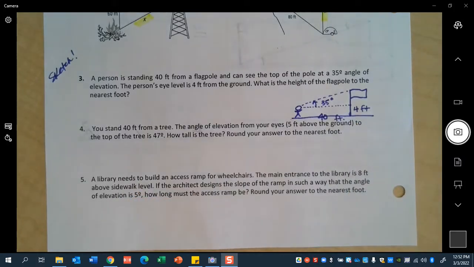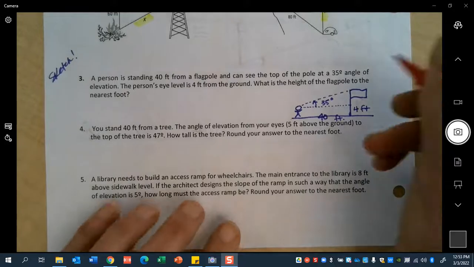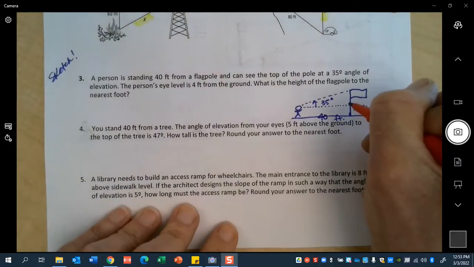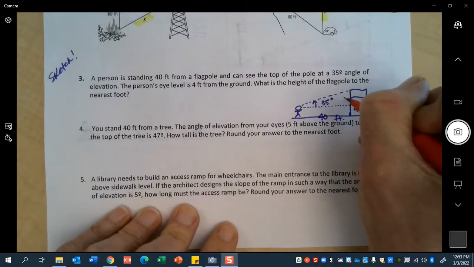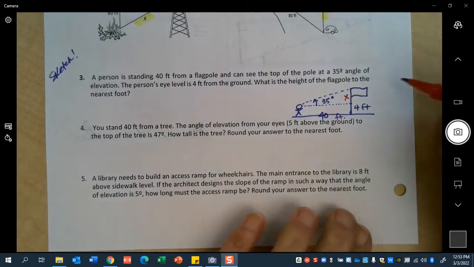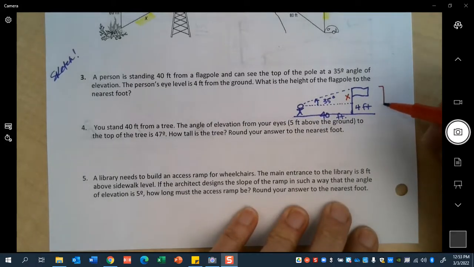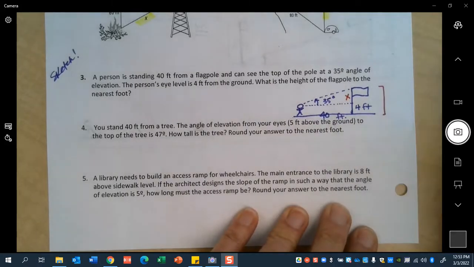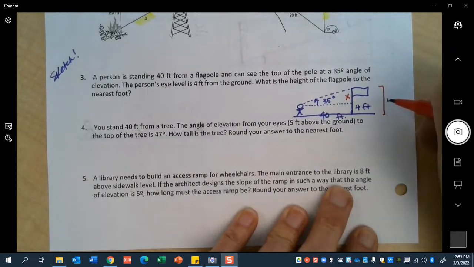Let's talk strategy. What are you going to solve for first? The height of the flagpole from his eye level, right? Is that what you just said? So we're going to solve for x. How high is the flagpole? 4 feet plus x.